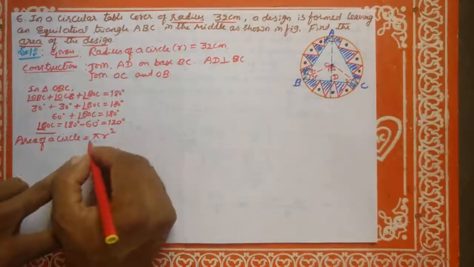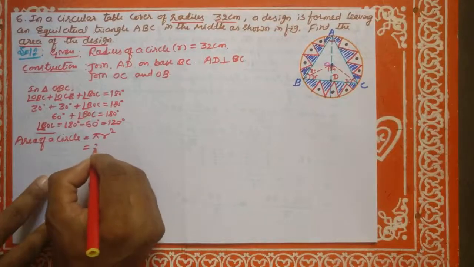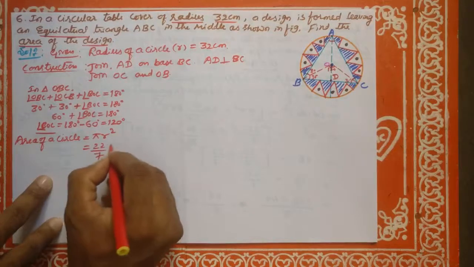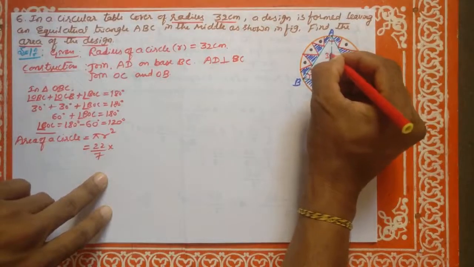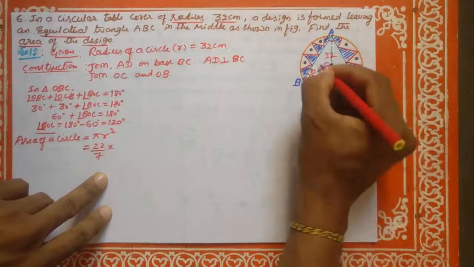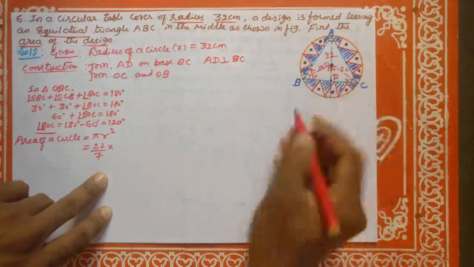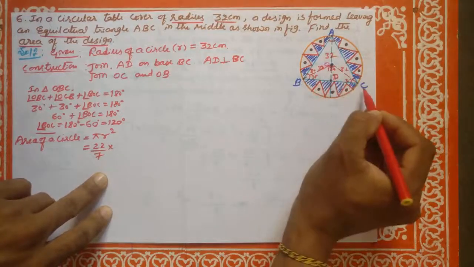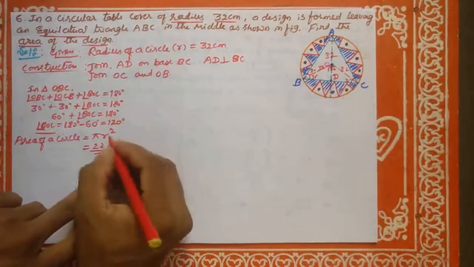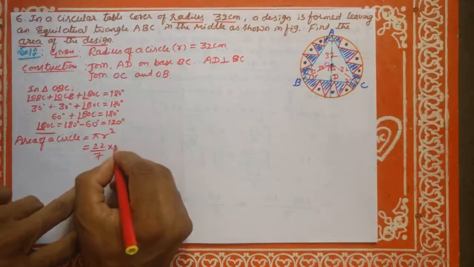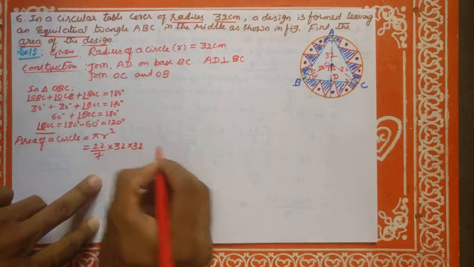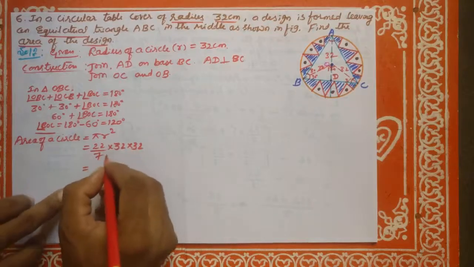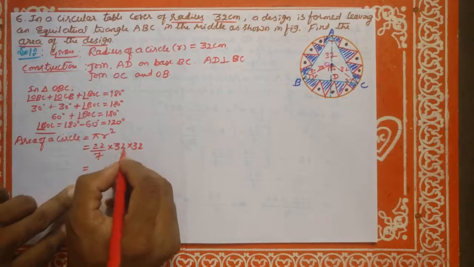Okay, area of circle is equal to pi r square, that is pi is equal to 22 divided by 7 into radius, how much centimeter as given here, 32 centimeter. OA is equal to OB is equal to OC, having the same radius, into radius is equal to 32 into 32, which is equal to 22 into 32 into 32.